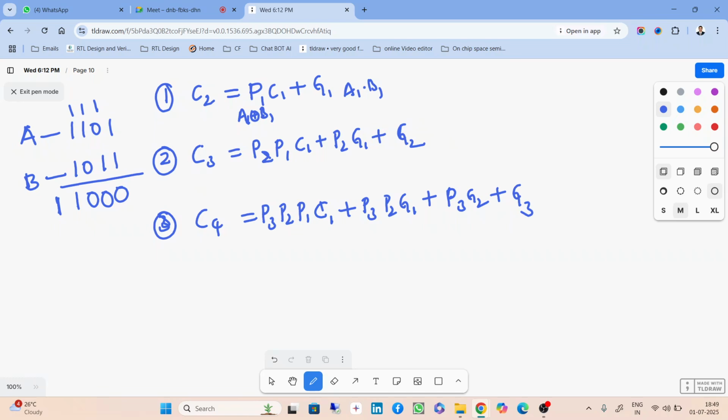Now you see, consider this as A1, A2, A3, A4. And next, this is B1, B2, B3, and B4.